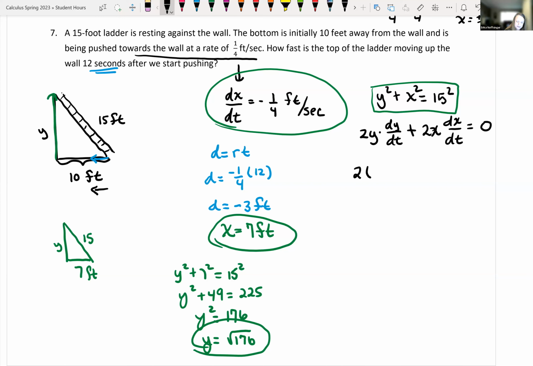So let's go back in and substitute what we have. 2 times y, well, y is the square root of 176, plus 2 times x, well, x in this case is 7, times dx/dt, but dx/dt is this -1/4, is equal to 0. And I forgot to write down my dy/dt in here, which we're trying to find. So we have 2 times the square root of 176 times dy/dt.